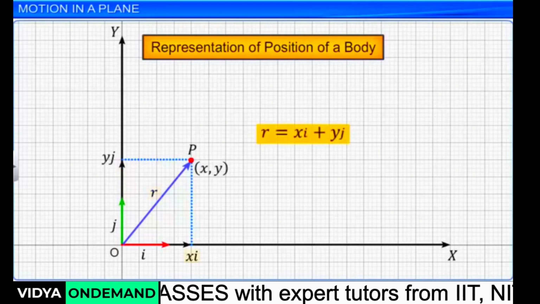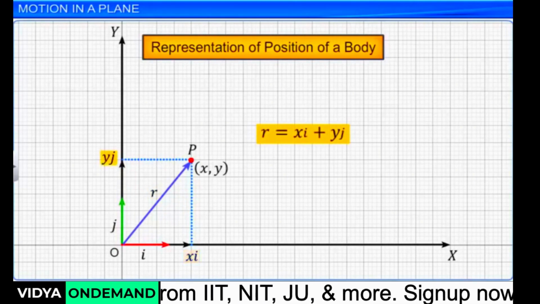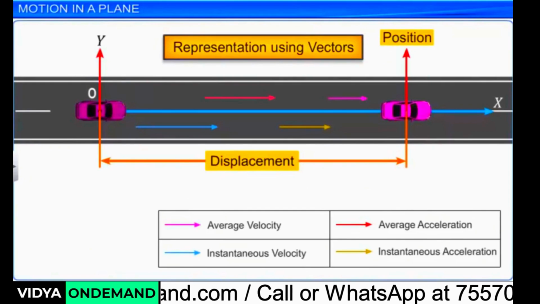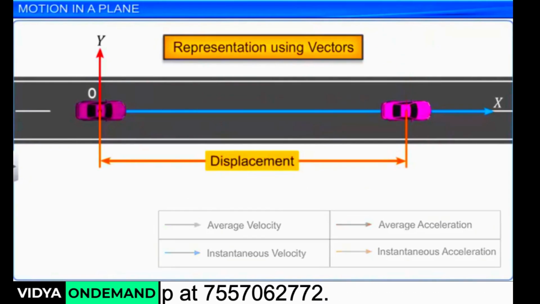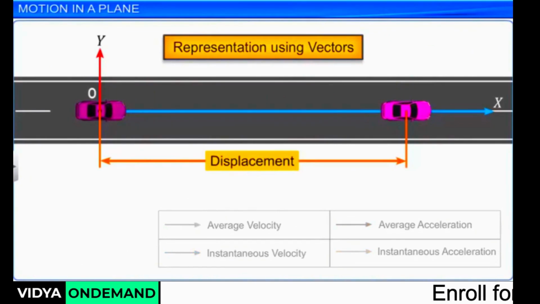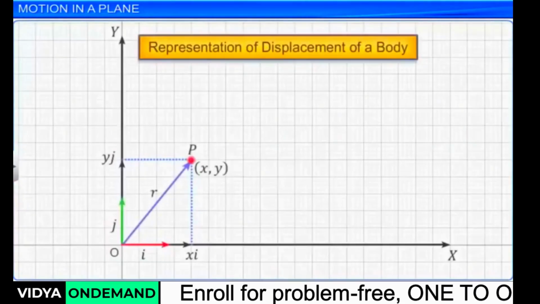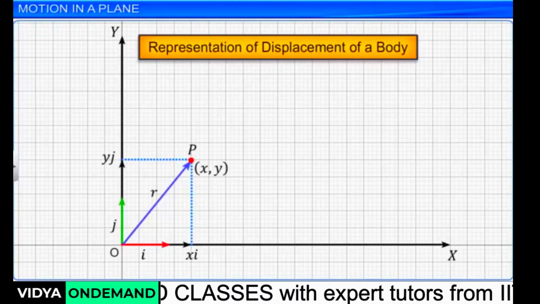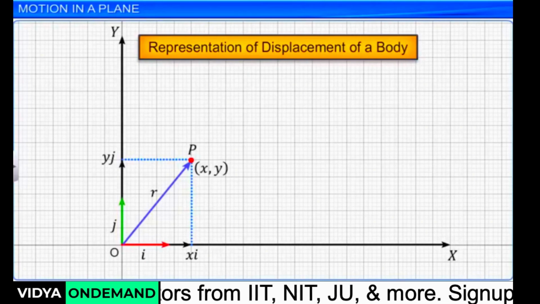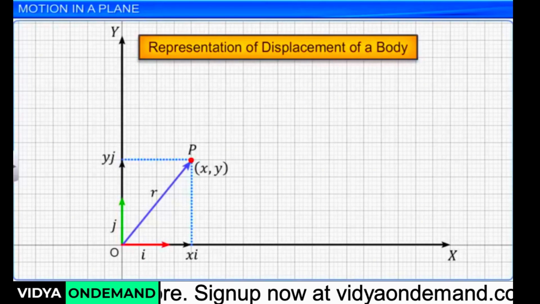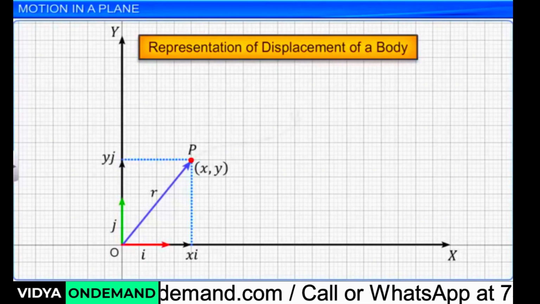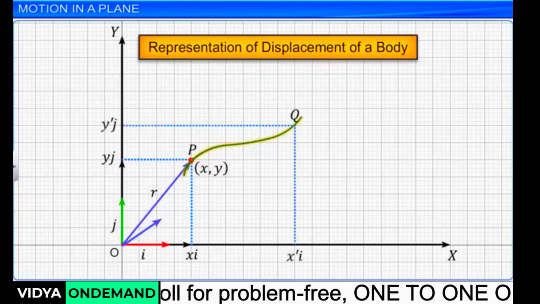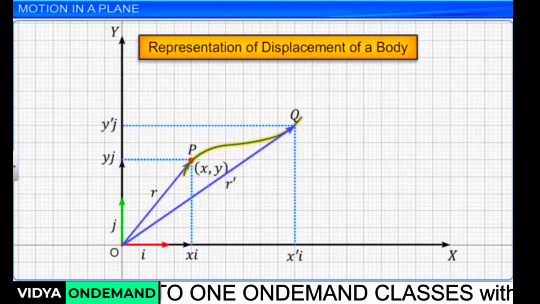Next, let's discuss how to represent displacement of a body using vectors. Consider the same body to move along a curve in the xy plane. The body is at point P at time t and at point Q at time t dash. r and r dash are the position vectors at points P and Q respectively. Join P and Q with a straight line.